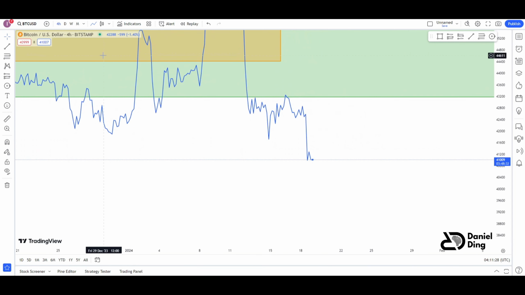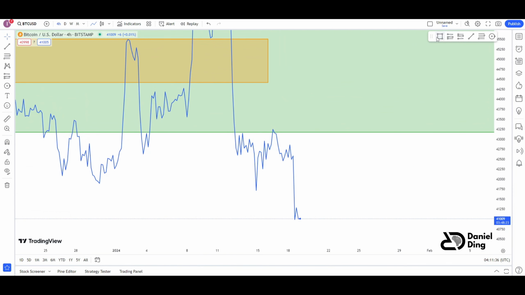Let's say you're trading in MT4 or in a crypto exchange, margin trading or futures trading. To look for entry, I will zoom into a lower time frame, which is H4. I won't use H1.